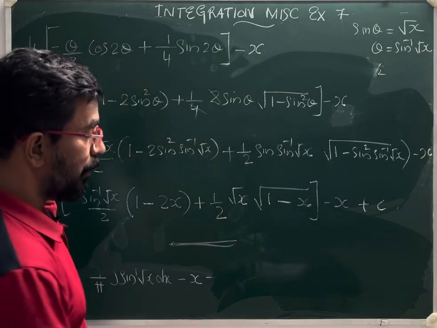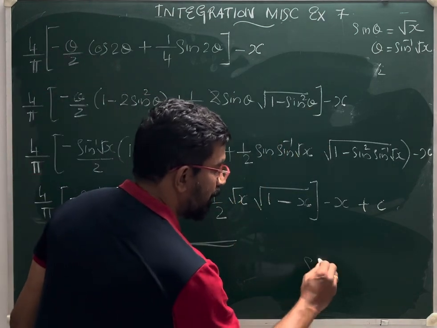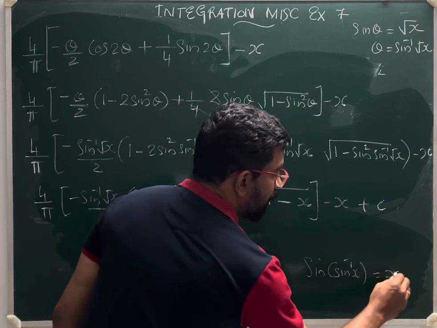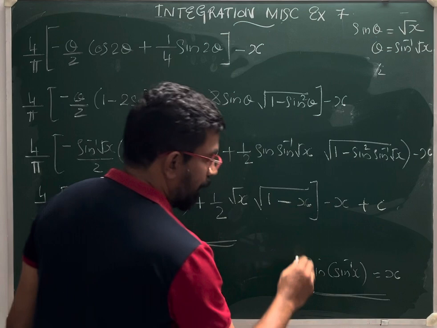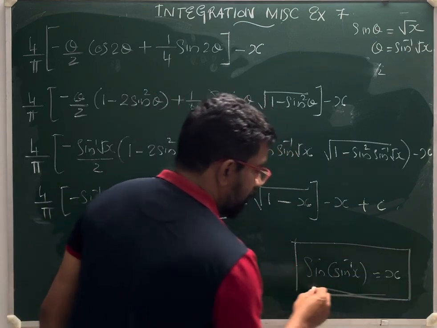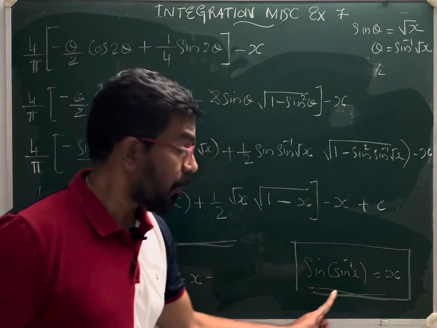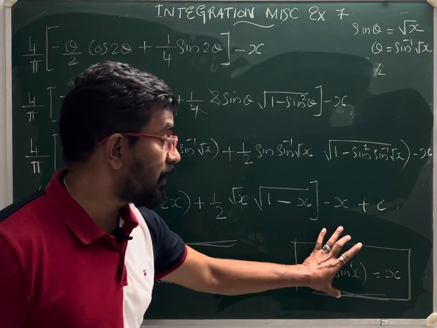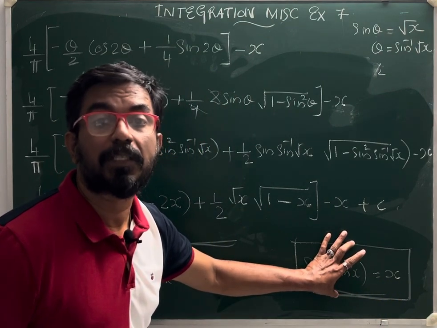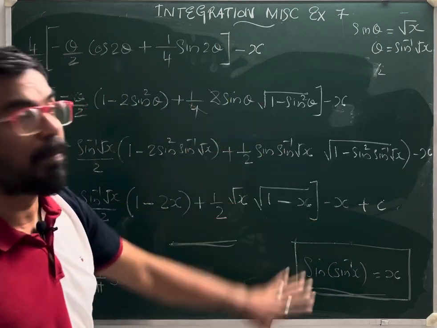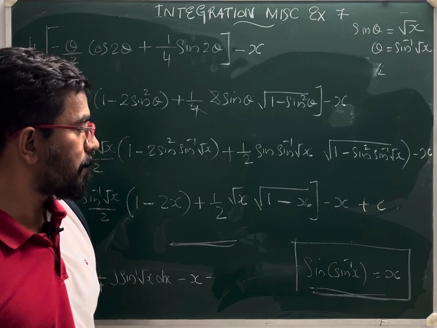Then you will be able to use that sin of sin⁻¹x will become x. This formula can be used. This is possible within the principal domain, which is done in inverse trigonometric functions. So using that idea, we will be able to get this answer.